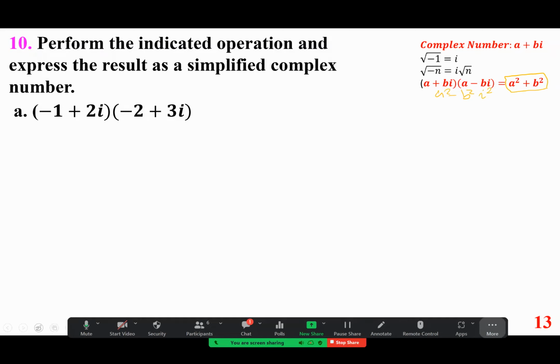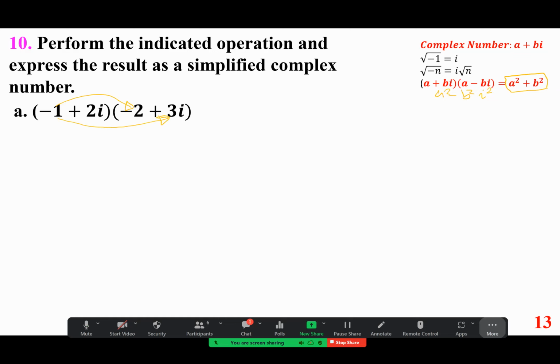Now, when we go back to the question given, we have to multiply simply by foiling. So we're going to multiply -1 by -2. That gives us +2.